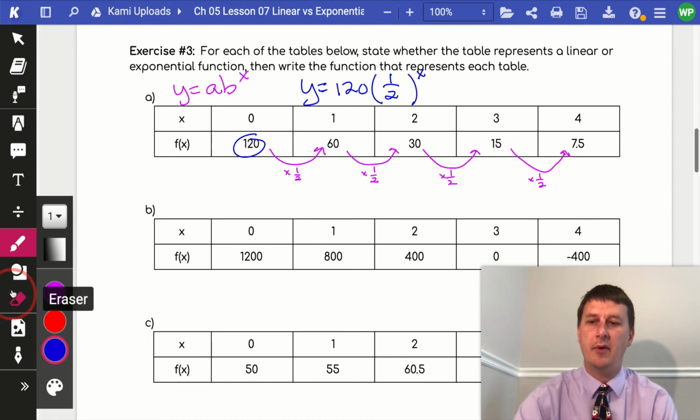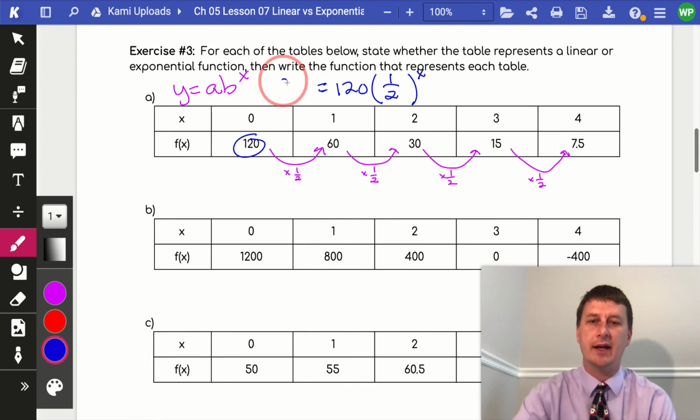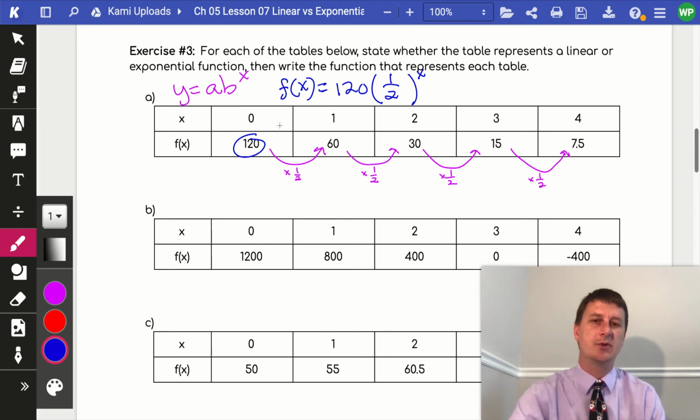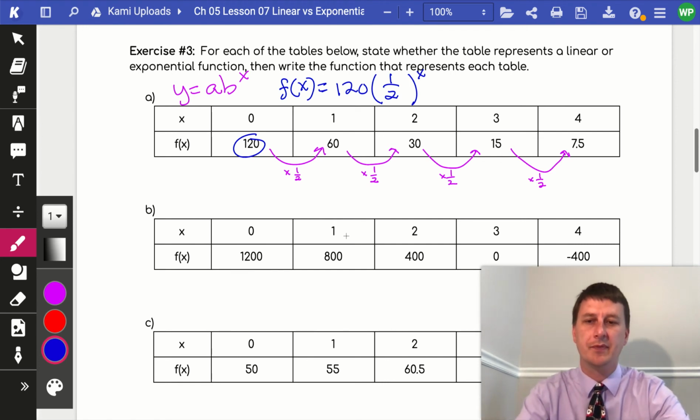The only thing we might want to change there is we want to change that y to an f of x, because it says that's what we want to be using in this table. So now that we have that, let's go ahead and take a look at part B. But again, we have f of x is equal to 120 because that was our initial amount, 1/2, which was our decay factor. It's decaying by half as much each time to the power x.